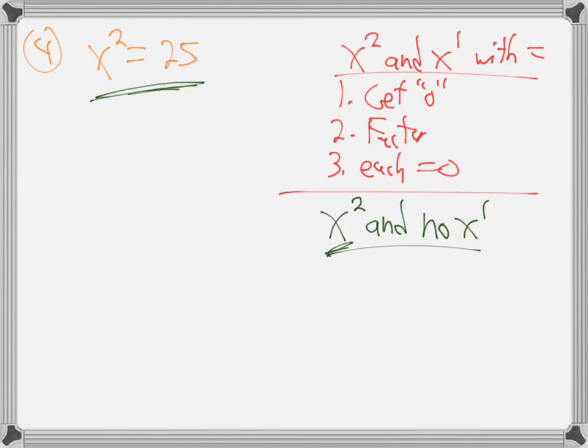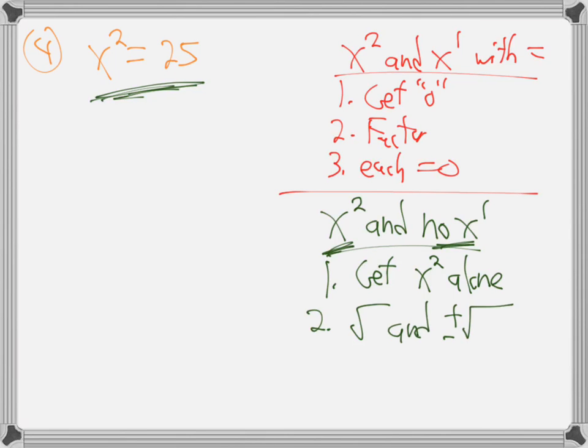But if you have x squared and no x to the first, like this one, there is an easier game plan. Step 1, just get x squared alone. Step 2, put root and plus or minus root over the sides, and you're done.